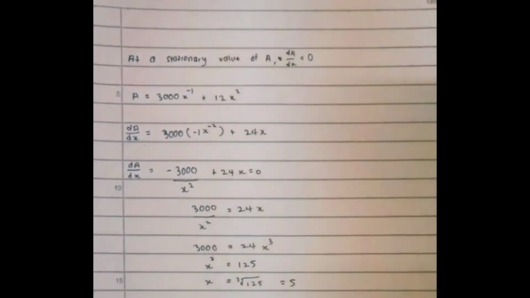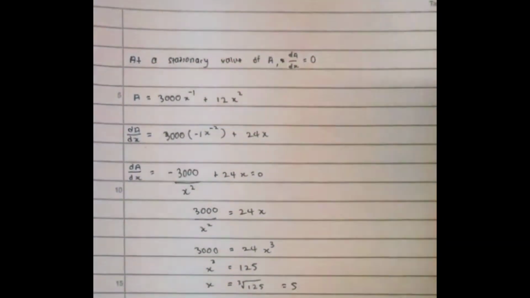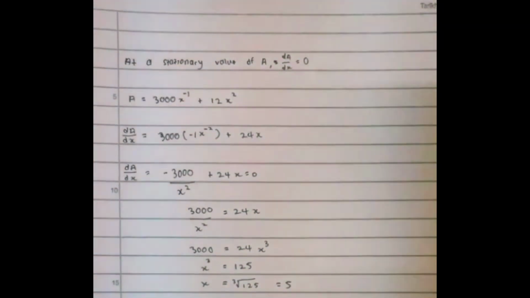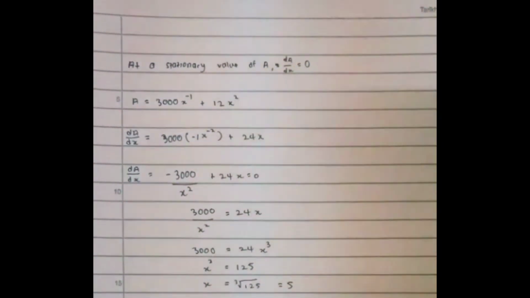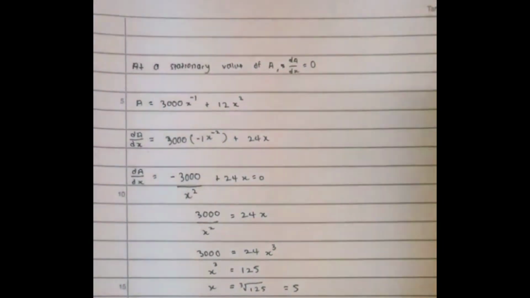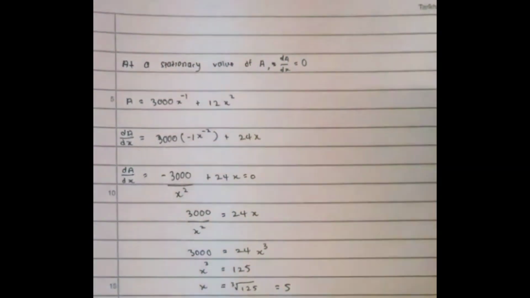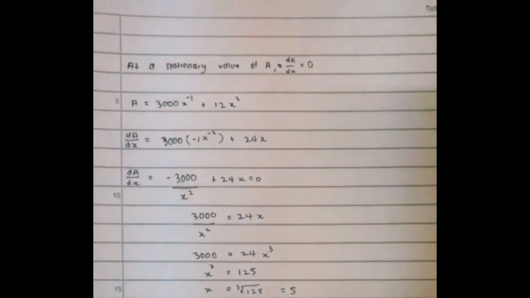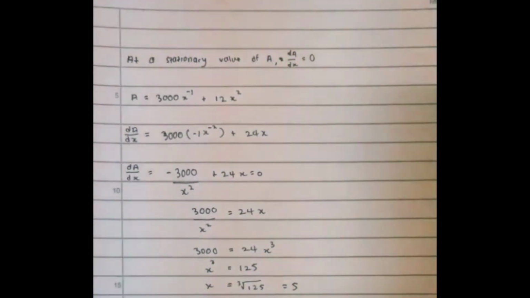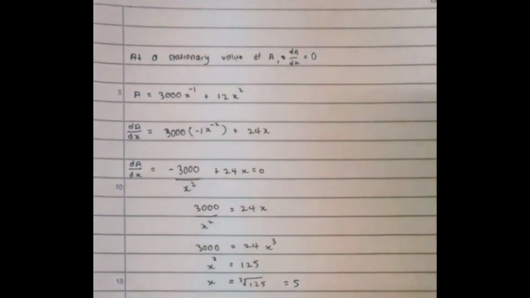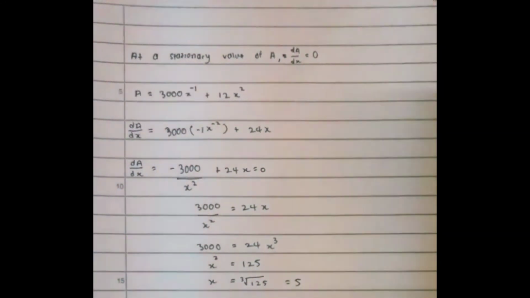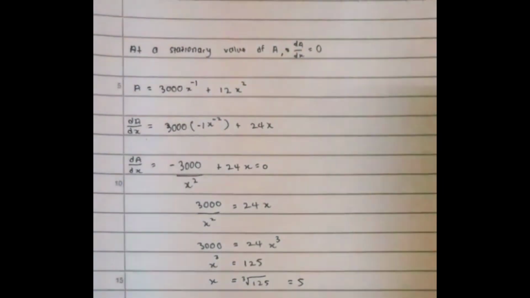Okay, we continue. At a stationary value of A, dA/dx equals 0. So here we have A equals 3000x^(-1) plus 12x². We differentiate it and we get 3000(-1)x^(-2) plus 24x.